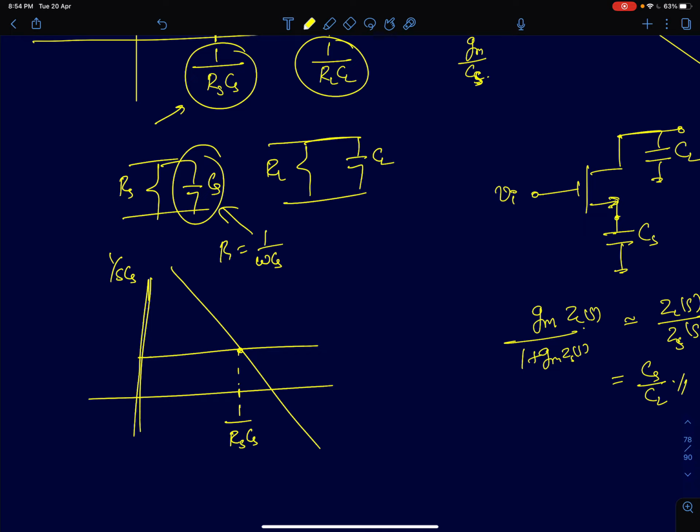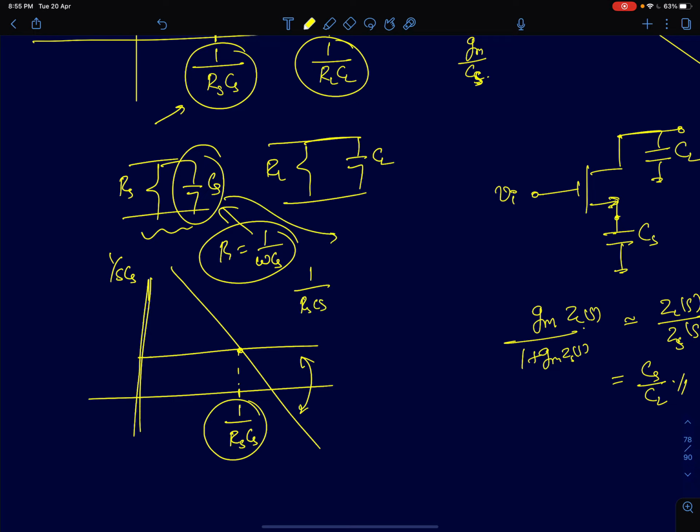So after the frequency which is 1 by RSCS, the capacitive impedance will be much lower than the resistive impedance. When you have two elements in parallel, the one with the lowest impedance will always dominate. So here, after frequency 1 by RSCS, this parallel RC network is going to look like just a single capacitance of value CS.